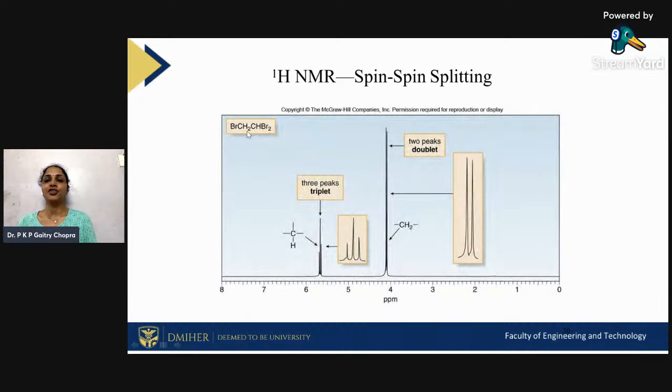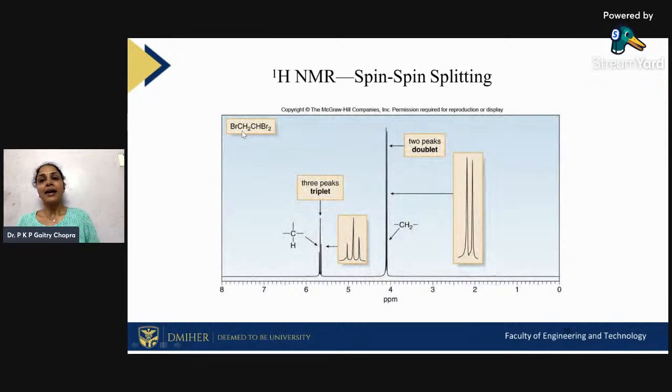So the proton of CH will be more deshielded because it is attached to two electronegative atoms, whereas the protons of CH2 will be less deshielded compared to CH protons. So they will show their signal upfield.